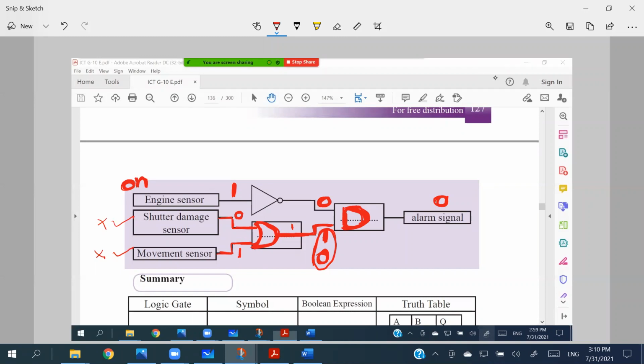Now let's think about how it is when this is off. If this is off, this produces 0. So the NOT gate produces 1. Then in case you receive 1 over here, the alarm signal is going to be 1.